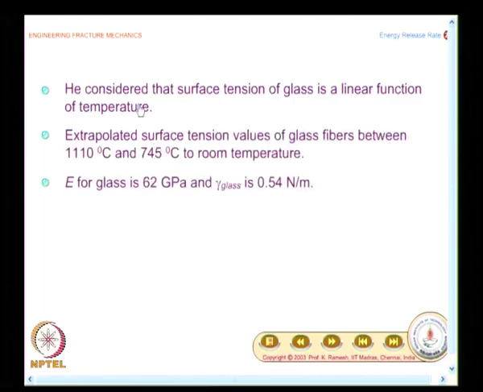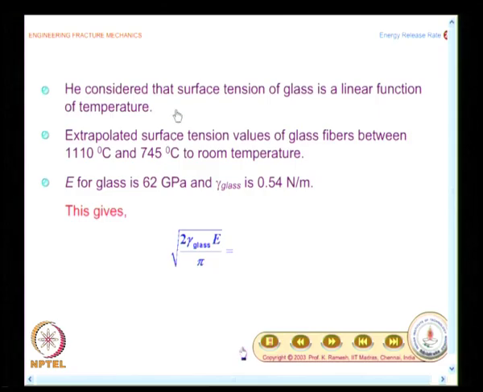He considered that surface tension of glass is a linear function of temperature. Good approximation, this is how engineers always approximate. We are very close to straight lines, we always want to take anything as linear. If it satisfies our requirement, we leave it at that. We want to avoid as much non-linearity as possible.